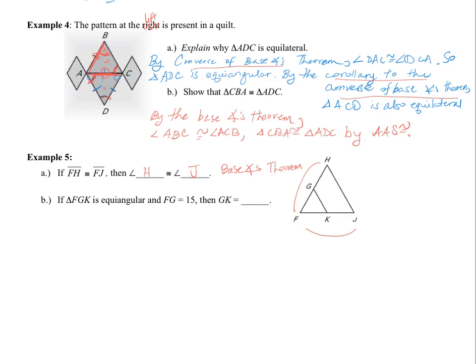If triangle FGK, so this one, is equiangular, so I'm going to mark this, and FG is 15, then GK would also be 15, so that's very straightforward. So example 4 would be something that I would like you to pay more attention to. Okay, that's it.